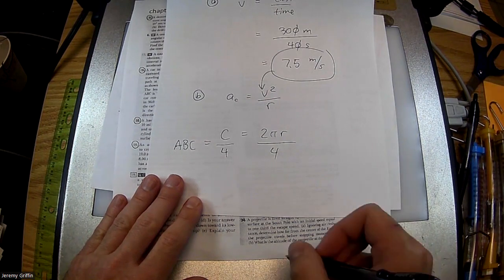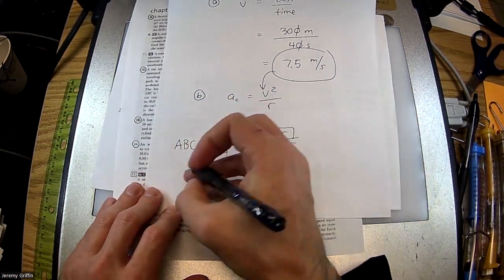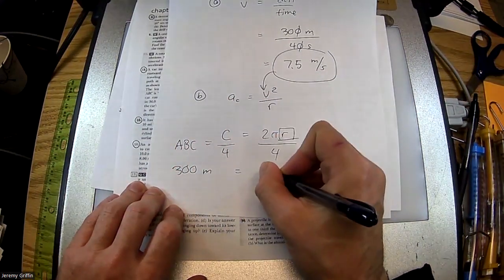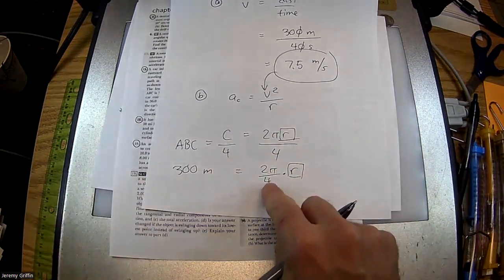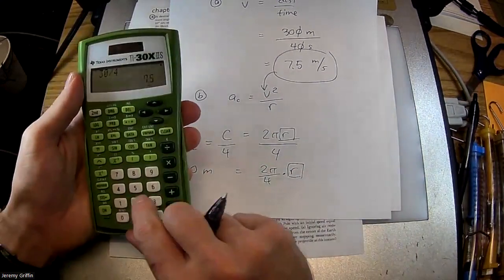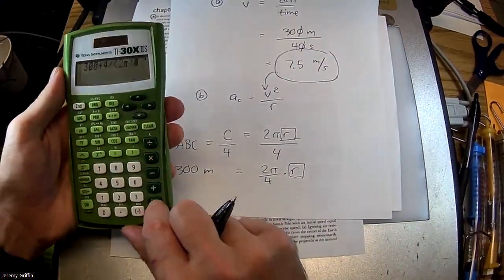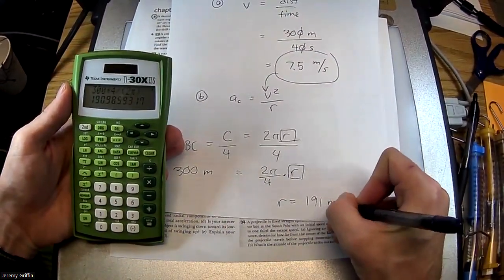So solve for radius. ABC was so many meters long, equals 2 pi over 4 times the radius. Just times 4 divided by quantity 2 pi. We're getting a radius of about 191 meters.